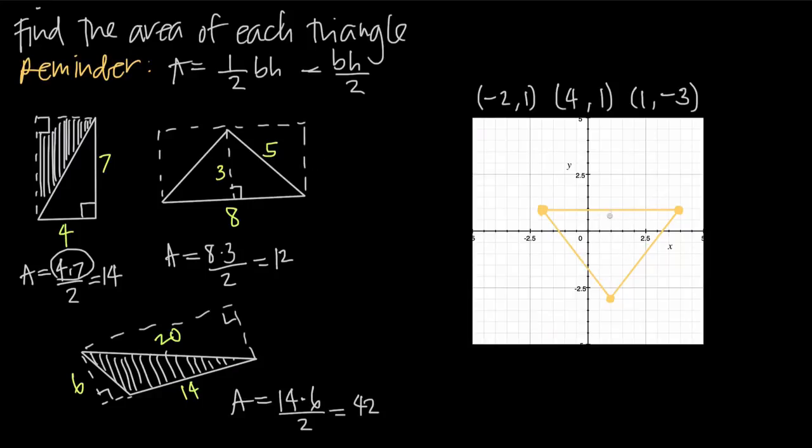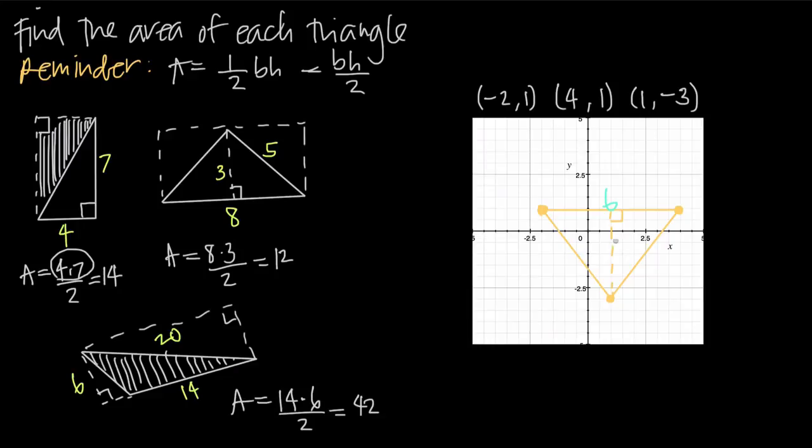If we pretend that we have this height coming through right here and a 90-degree angle like this, then we can look at this length here as the base and this vertical length here as the height. So if we look at the base, we can see that the base starts at -2 and comes all the way up here to +4. So I've got 2 units on the left of the y-axis and 4 units on the right of the y-axis. So 2 plus 4 is going to give me 6. So I can say that the base has a width here of 6.